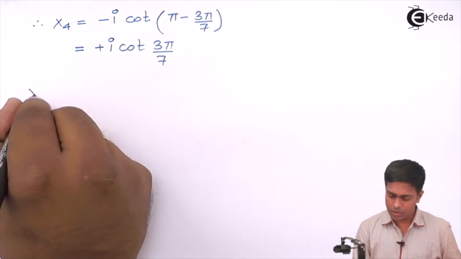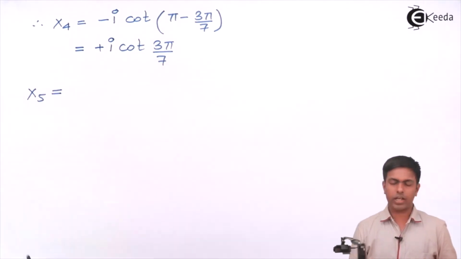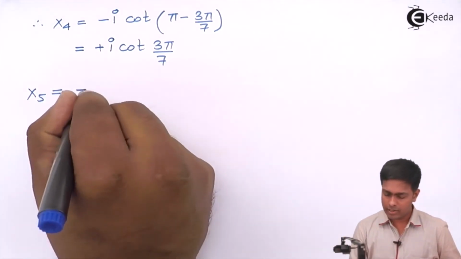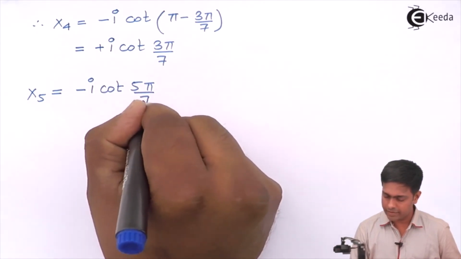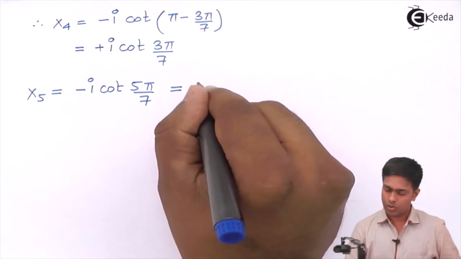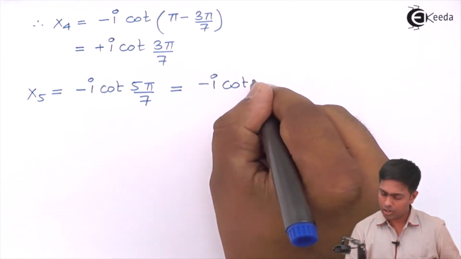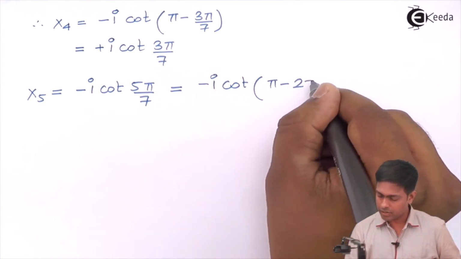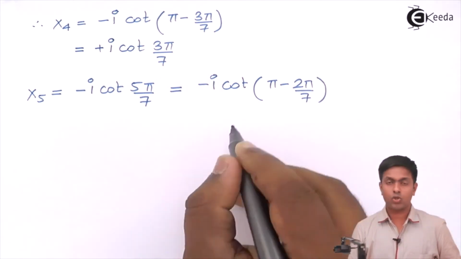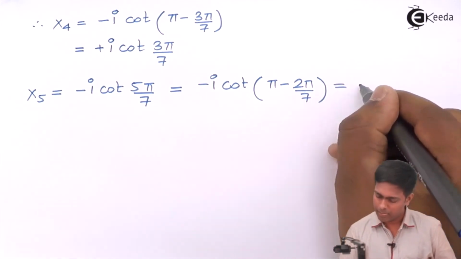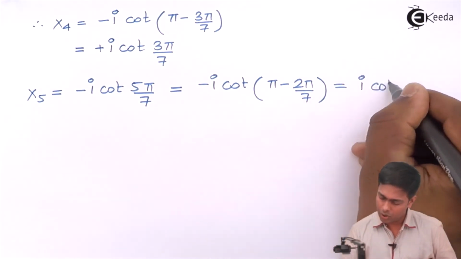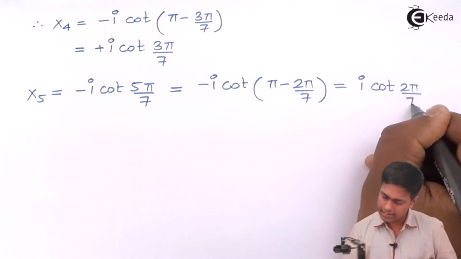Next, let's find out x5 and for that we will put k as 5. So that is minus i cot of 5 pi by 7. Let's convert this also. So minus i cot of pi minus 2 pi by 7. Cot of pi minus theta is again minus cot theta. So this will become positive i cot of 2 pi by 7.